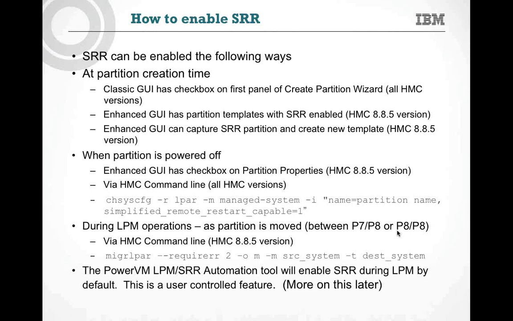It gives you the ability to have it turned on automatically when you move from P7s to P8s or P8s to P8s, as a custom user control feature. So we'll talk about that later. These are the ways that you can enable it: through the HMC command line, some GUIs on the 850, and in the LPM automation tool.